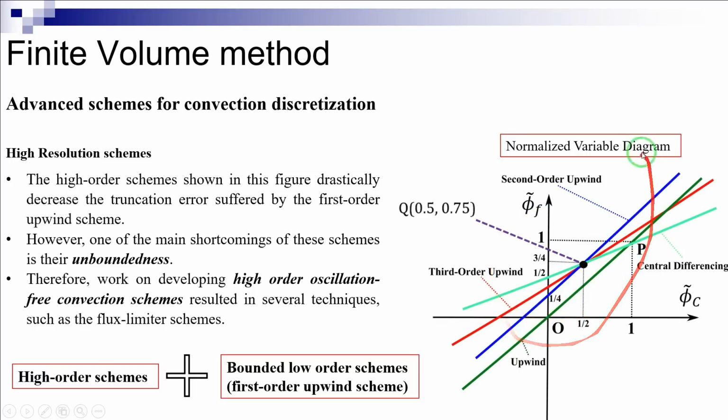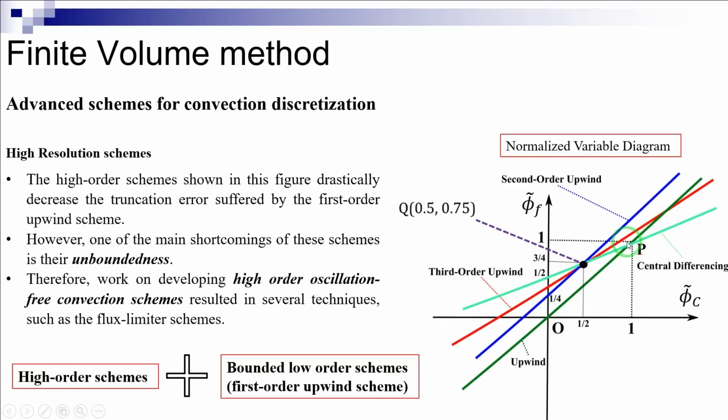Based on the normalized variable diagram, it can be demonstrated that for a convection scheme to have the boundedness property, its functional relationship should be continuous, should be bounded from below by the normalized phi value at c, phi tilde c, and from above by unity, and should pass through the points 0, 0 and 1, 1.